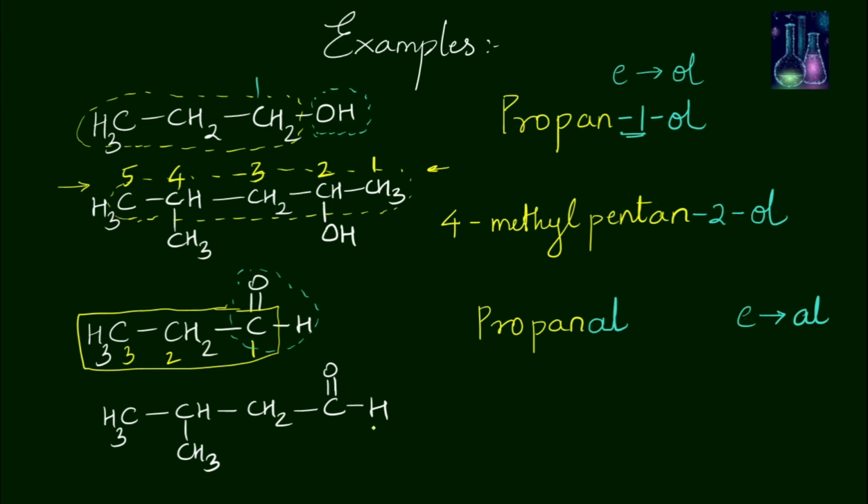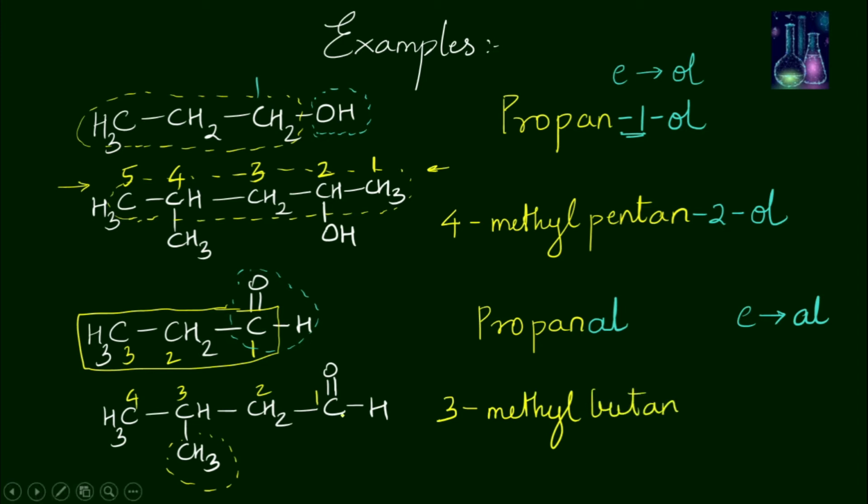There are 1, 2, 3, 4 carbon atoms in the main chain. This is a substituent. So therefore the name of the molecule is 3-methyl, and you have 4 carbons, butane, but E is replaced by Al.